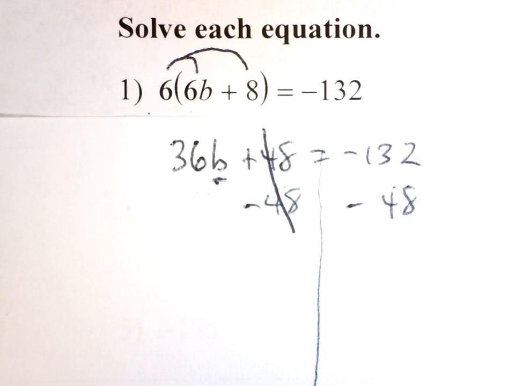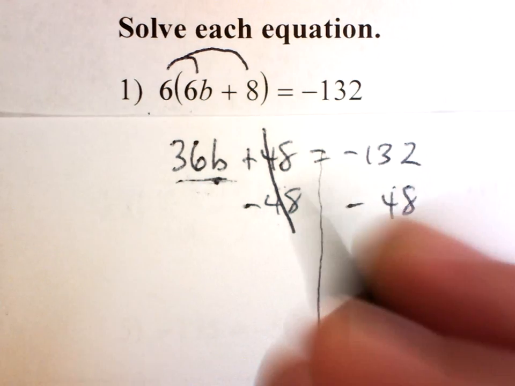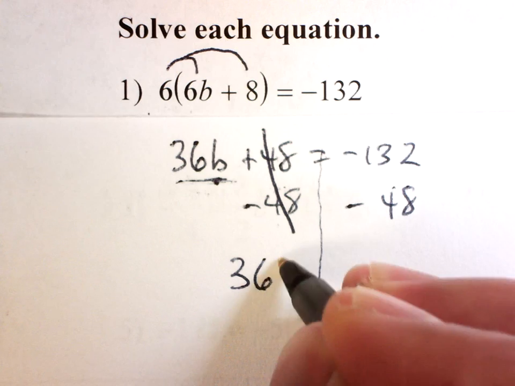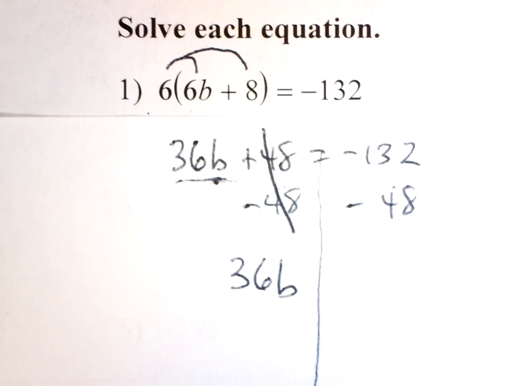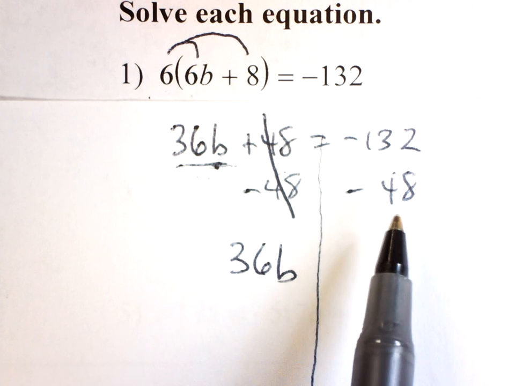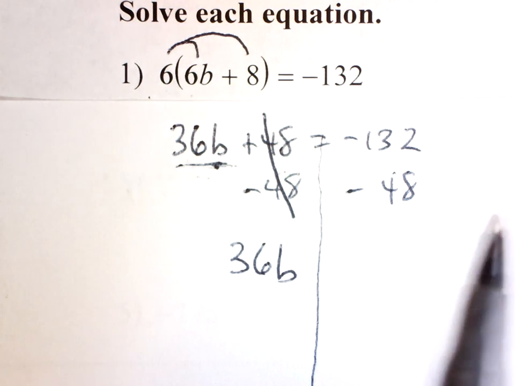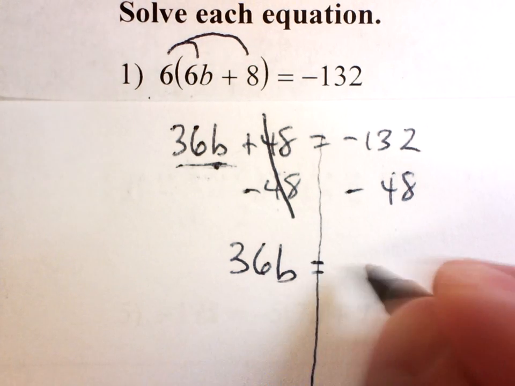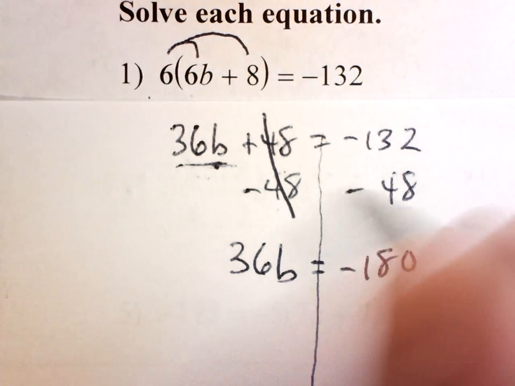So plus 48 minus 48, they go away, because if I add them up, it adds up to 0. So all I have left over here now is this 36b. And on the right-hand side, I now have negative 132 minus 48. That looks to me like it is negative 180.